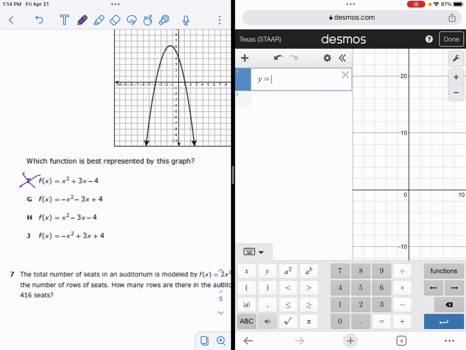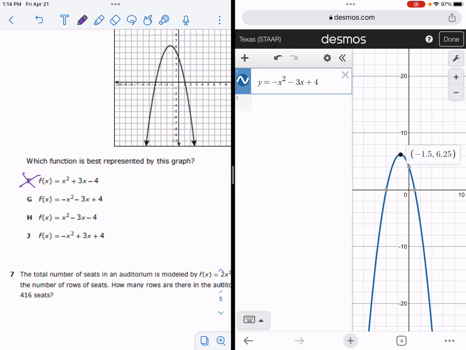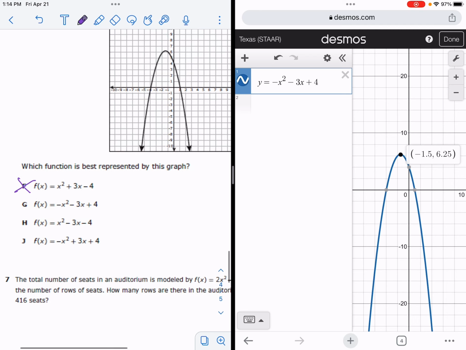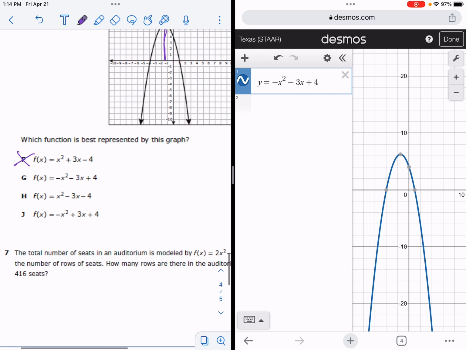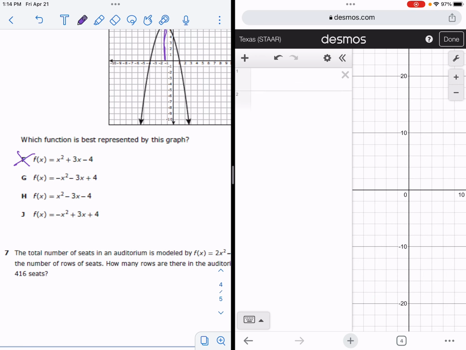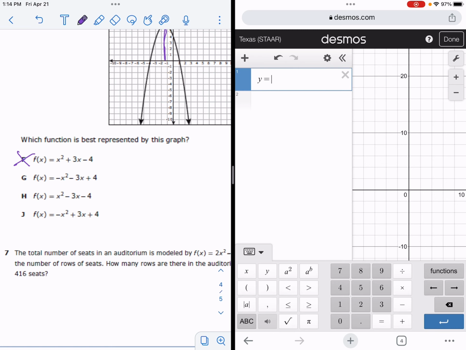Okay, y equals negative x squared minus 3x plus 4. Option B looks good. We have a vertex at negative 1.5, positive 6.5. That could work. Let's try H: y equals x squared minus 3x minus 4.